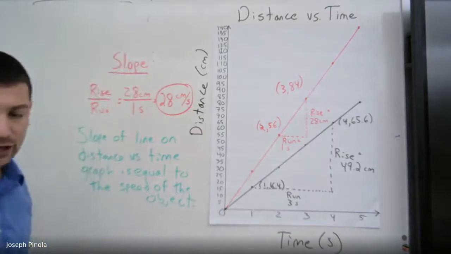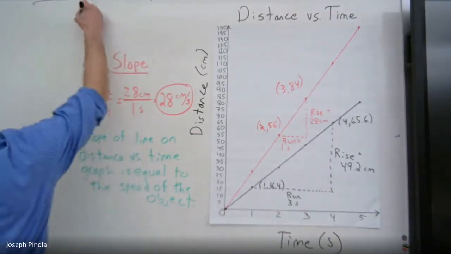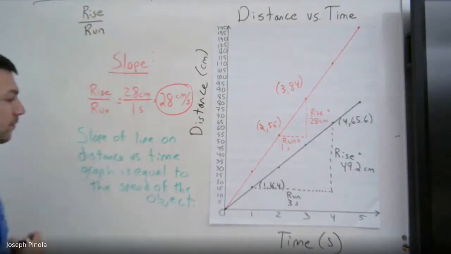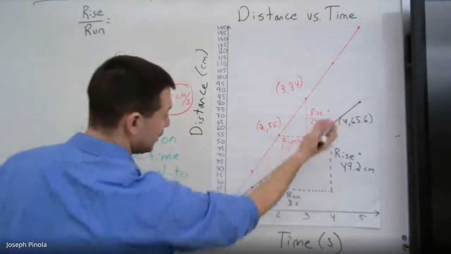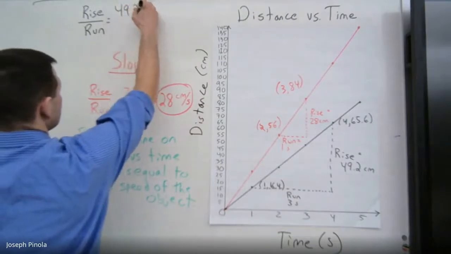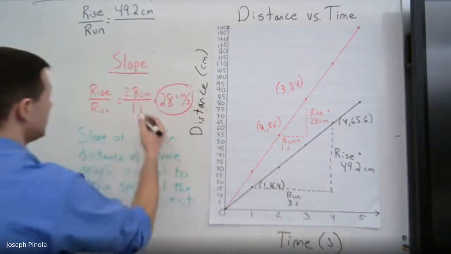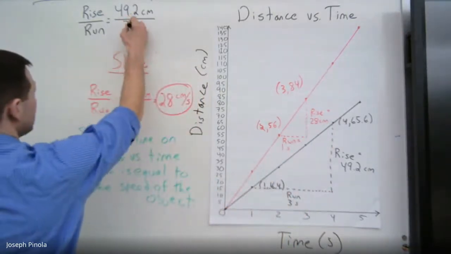Well, we'll find slope just the exact same way that we did for the red line, by doing rise divided by run. In this case, the rise is how much the line went up, 49.2 centimeters. And the run is how much the line went across in between the two dots that I selected, which is 3 seconds.